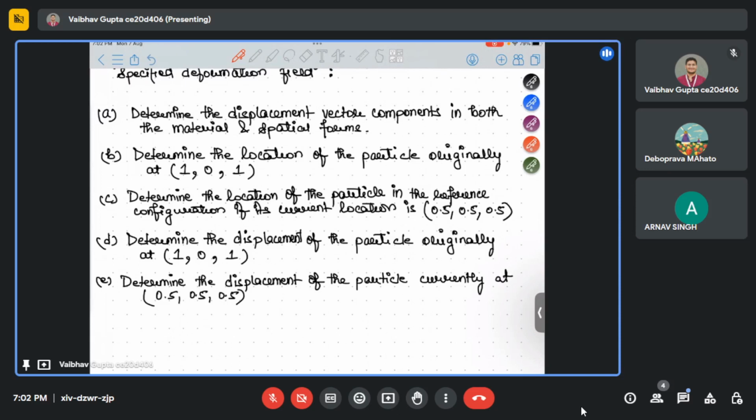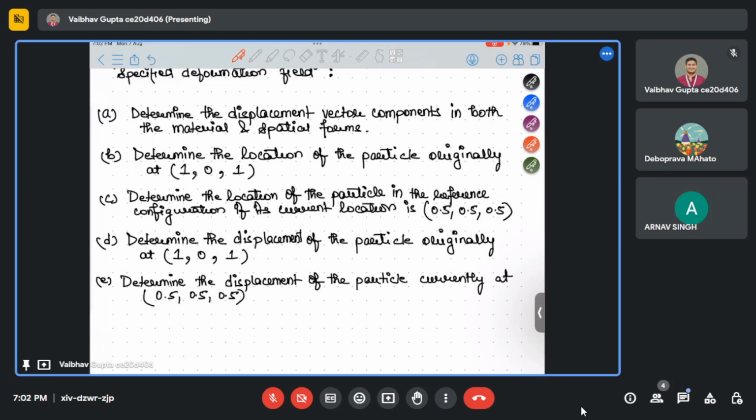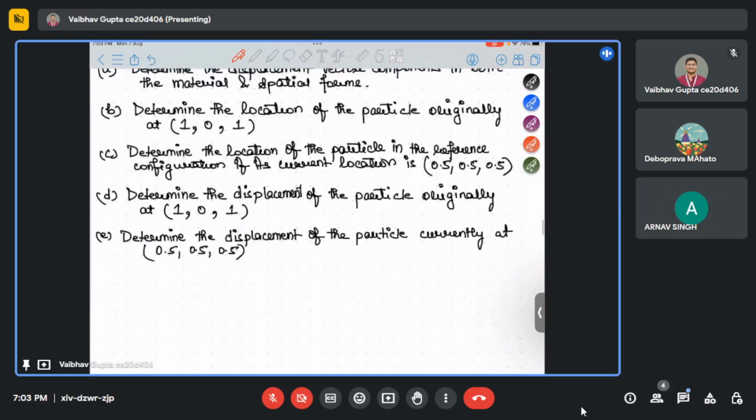See, with the question itself you can understand that now your small x, small y and small z have values 0.5, 0.5 and 0.5. Current location means small x, small y and small z. This is given. So what is the location of the particle in the reference configuration? He is asking.